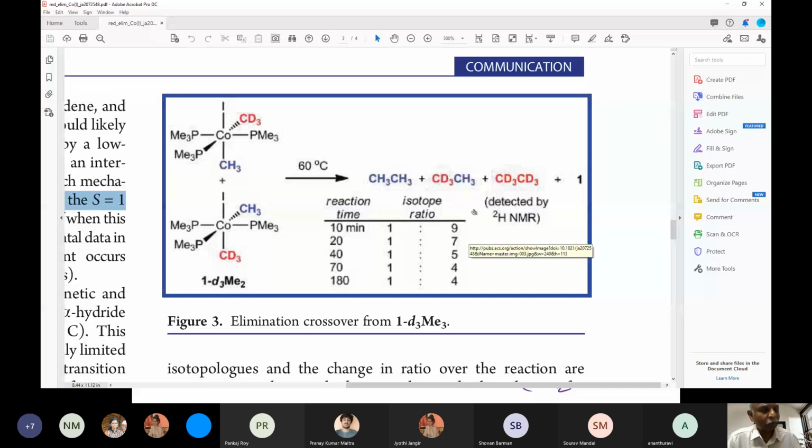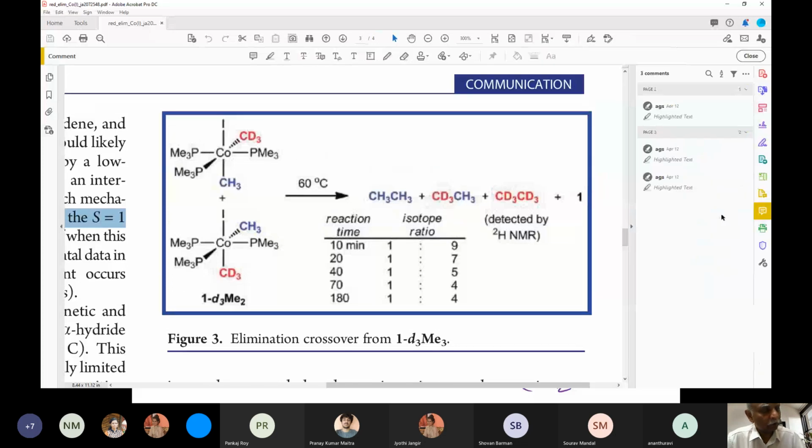In other words, this is the only product that is expected, but they found 1/10 of the products to be CH3, CH3, and that is a surprise. They found 1/10 to be CH3, CH3, this species which I have highlighted here.